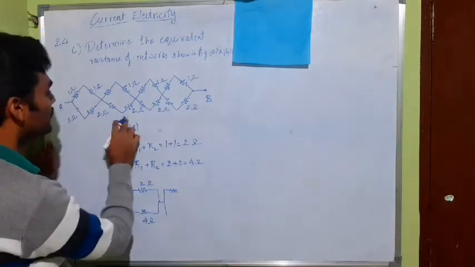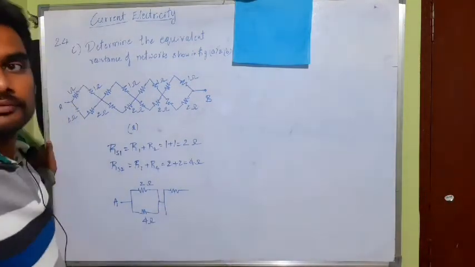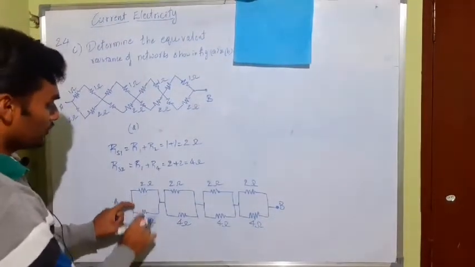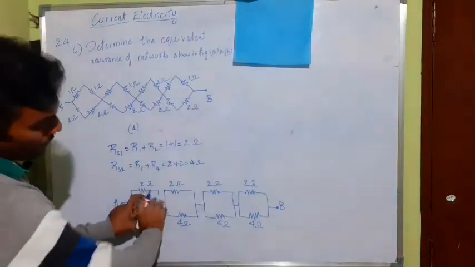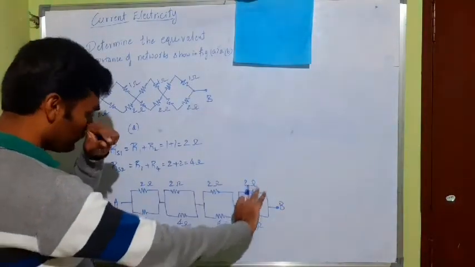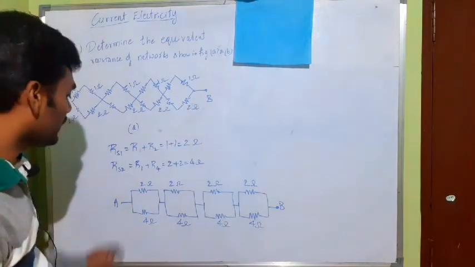How many times? 1, 2, 3, 4. 4 times. So this is how the reduced circuit looks like. 2 ohm, 4 ohm in parallel, one combination, with 2 ohm, 4 ohm again in parallel, another one, 2 ohm, 4 ohm in parallel, 2 ohm, 4 ohm in parallel. So this is the reduced circuit.